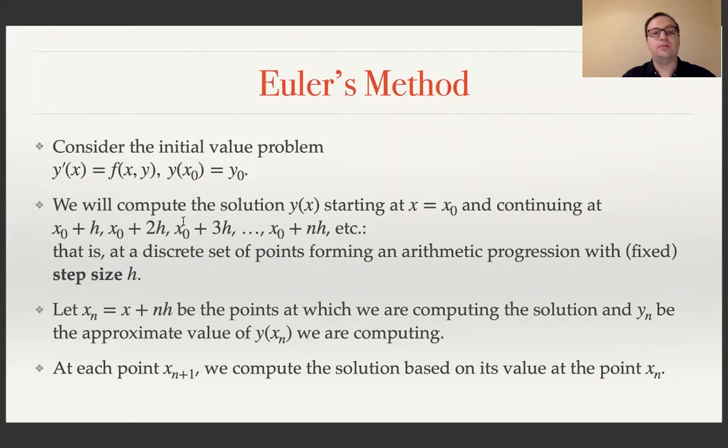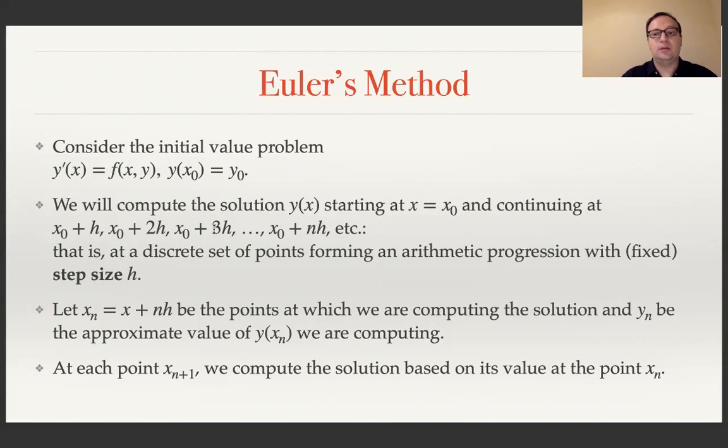Then we compute the solution at a discrete set of points forming an arithmetic progression with a usually fixed step size h. So we start at x0 where the initial condition is given, and then we compute the solution at the points x0 plus h, x0 plus 2h, x0 plus 3h, etc.